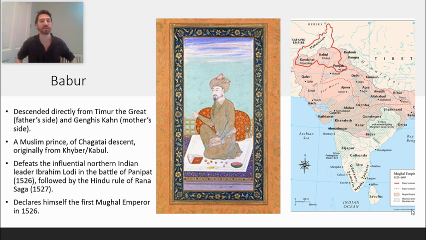So he is defining himself as ruling over multiple people over different Mahajanapadas or areas of land. And I don't know if you can see it properly, but on the right hand image, there is a dotted red line in the north of India, and that is what he rules over.